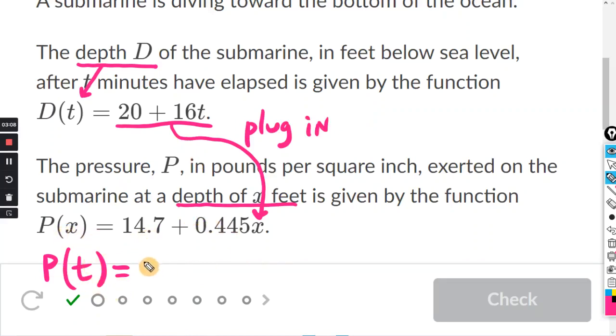We have 14.7 plus 0.445, and that 0.445 is times x, but x is being replaced by this expression, 20 plus 16t.